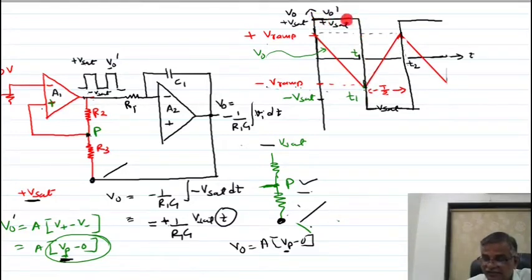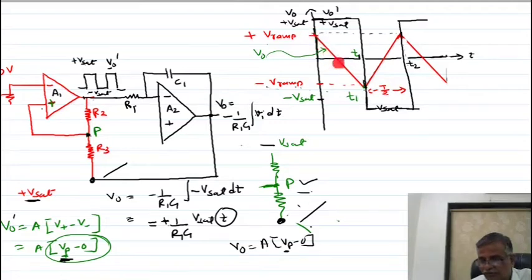At T1 time, this VO dash becomes minus Vset. At T2 time, this voltage becomes slightly more than zero, so the output of A1 becomes positive, from minus it becomes positive. And this process repeats periodically. As a result, due to the negative ramp and positive ramp, you will get the triangle wave at the output, and the frequency of this is the same as the frequency of the square wave, but the amplitude is different.